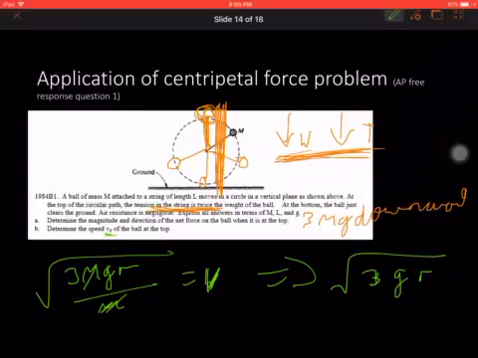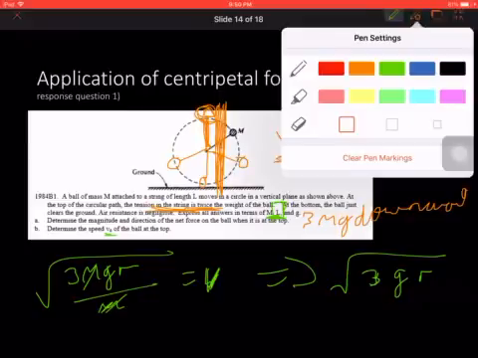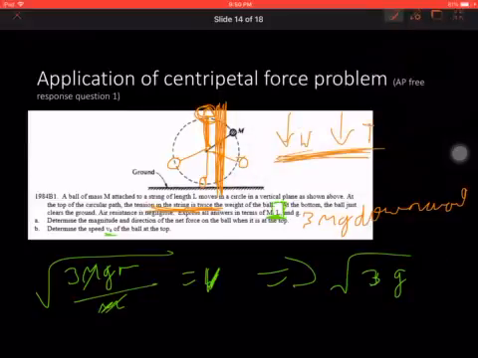They said they wanted everything in terms of L. L is the radius here, so it shouldn't be R here. This should be L. It's the same thing as radius, but the radius in the problem is L, so it's better to keep it as L. So that's your answer for part B.